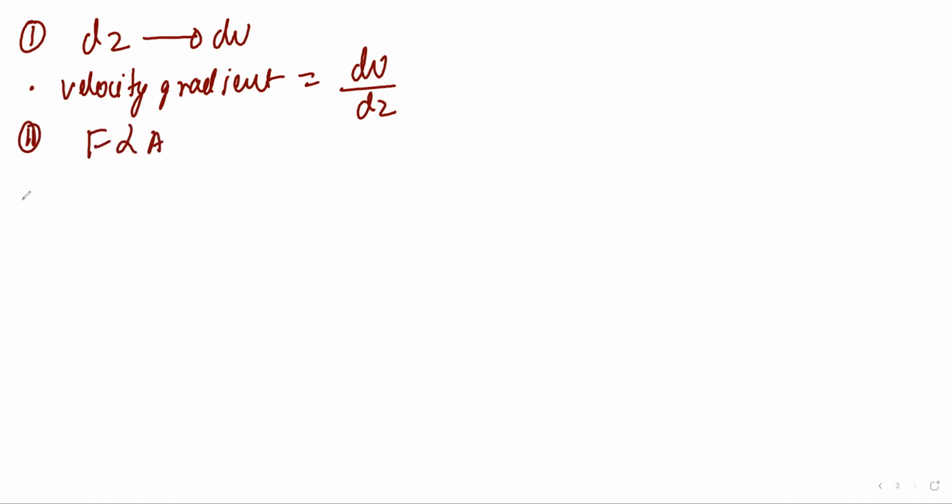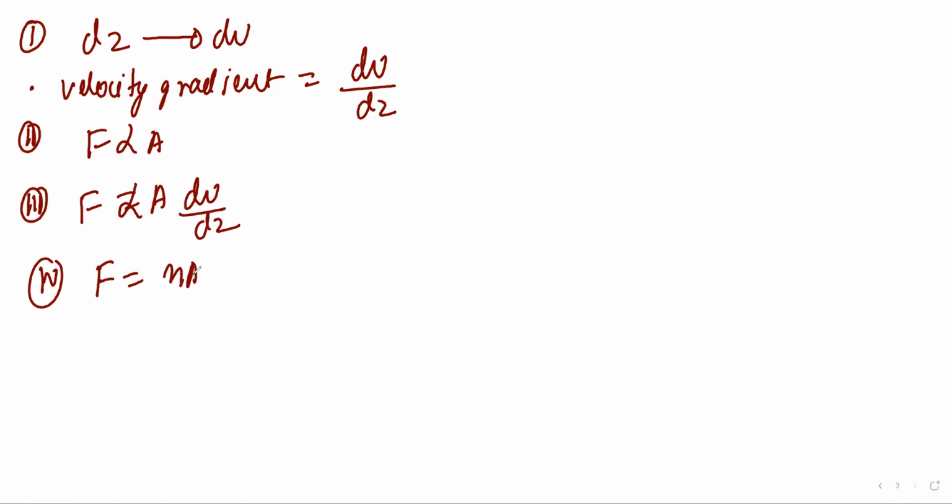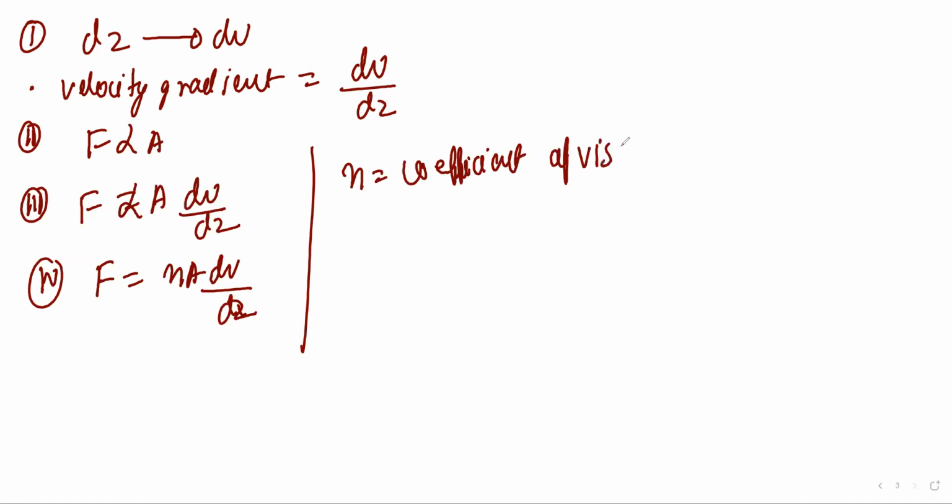By applying these two relations, F is directly proportional to A du by dz. Removing the proportionality, we get F equals eta A du by dz, right? So this eta is the coefficient of viscosity.